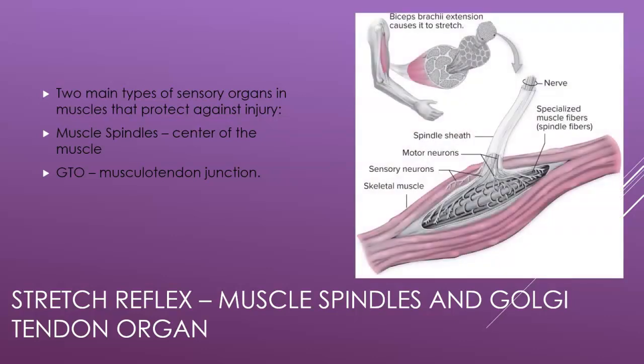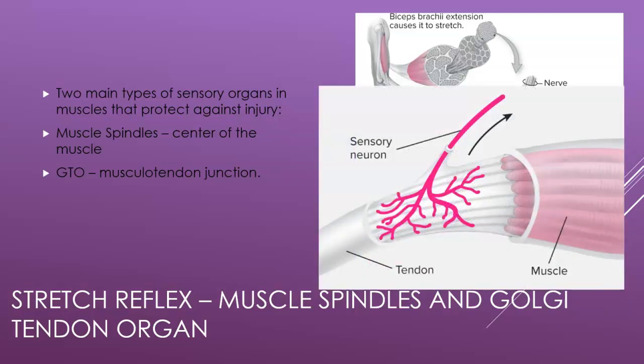With muscle spindles, you have the neuron itself, a sensory neuron that senses that the muscle is being stretched too quickly, and it goes into protection mode. The GTO is actually at the junction between the muscle and the tendon, the musculotendinous junction, and that has a different response when activated.